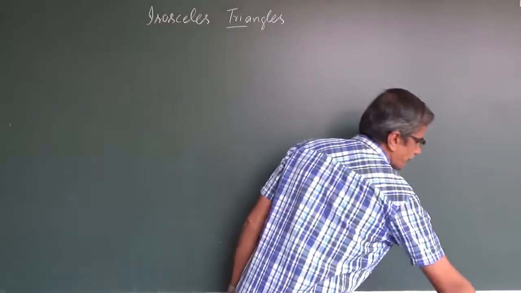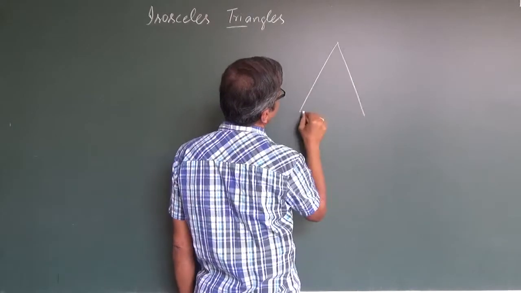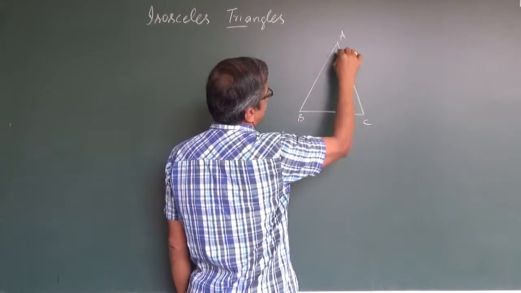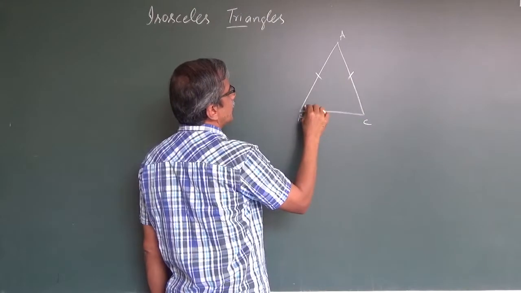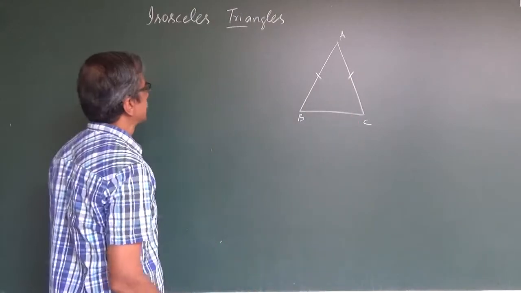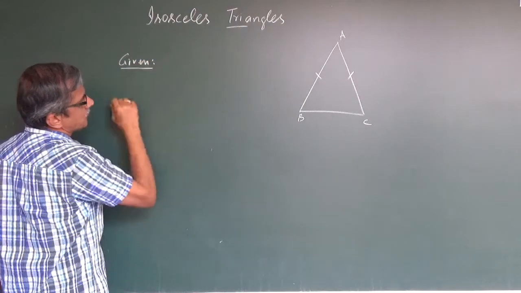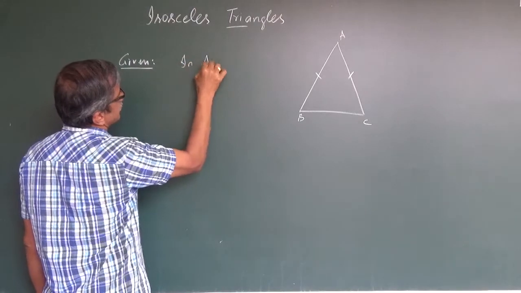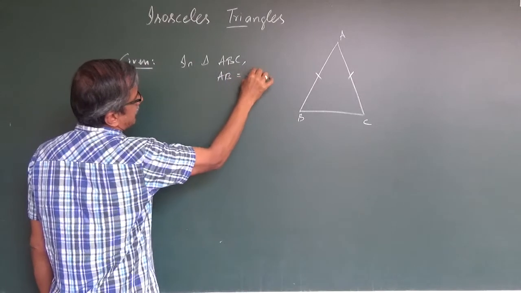So what is the proof of this theorem? First we draw the diagram. Let us say these two sides are equal, and we have to prove that these angles are equal. Given: in triangle ABC, AB is equal to AC.